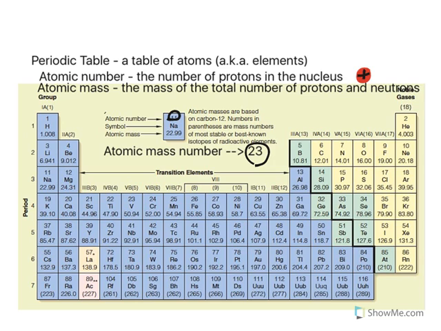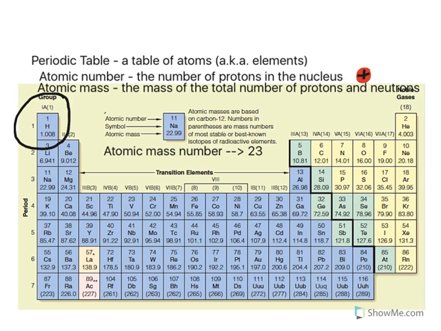And since the atomic number tells us there are 11 protons in the nucleus, and the total number is 23, 23 minus 11 gives 12, so there are 12 neutrons in the nucleus. So in this particular example, we see that there are 11 protons and 12 neutrons in the nucleus. Let's do another example.